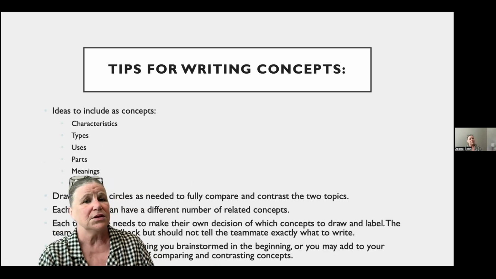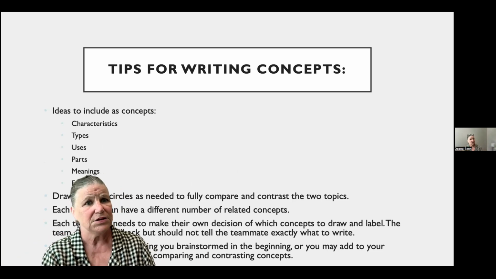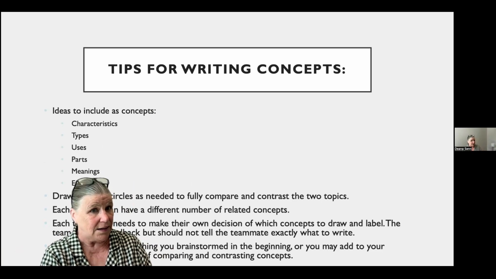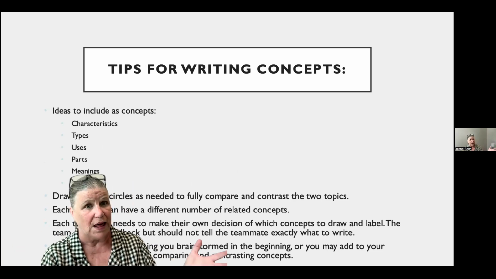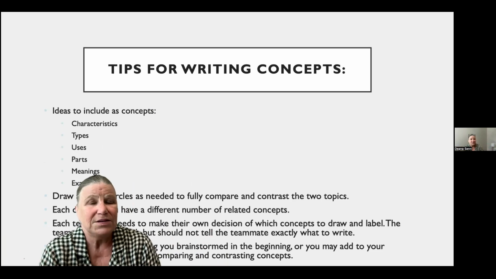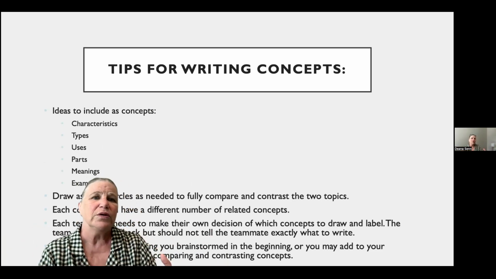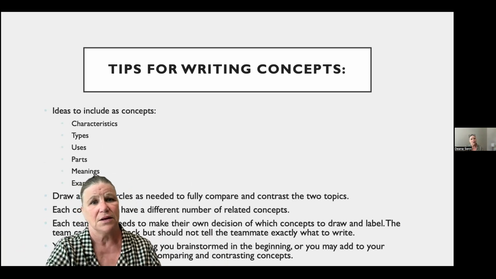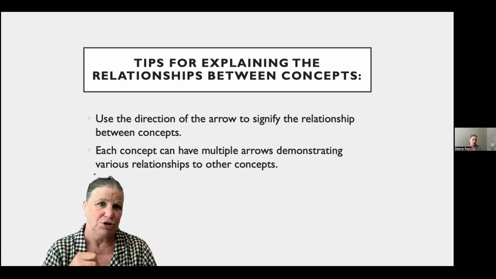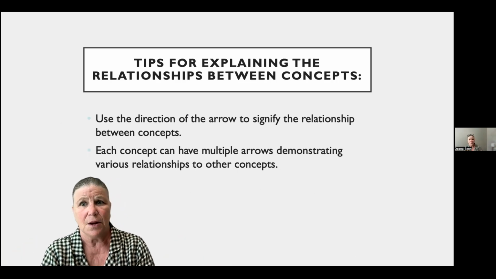I want to also point out that it's nice if we give the students some tips for writing concepts, because a lot of times our students who have struggled in the past stayed silent if we did a group or a class double bubble map, they stayed silent because they didn't know what to put in the circles, and then they just copied what somebody else put in a circle. So really giving them some tips for writing the concepts and some tips for explaining the relationship between the 2 concepts. That way we're setting our students up for success.